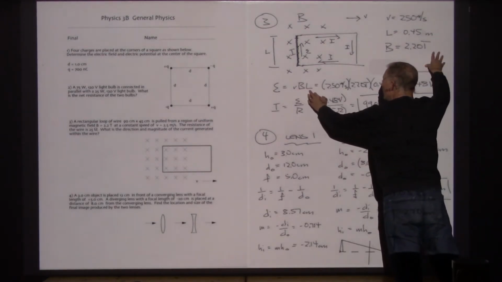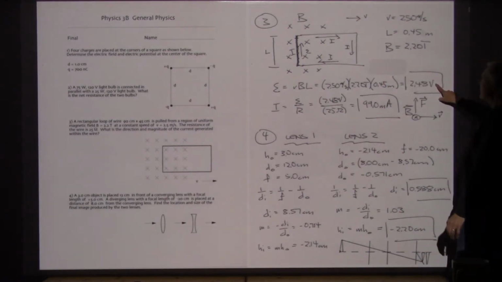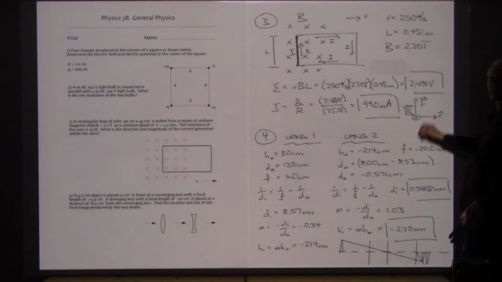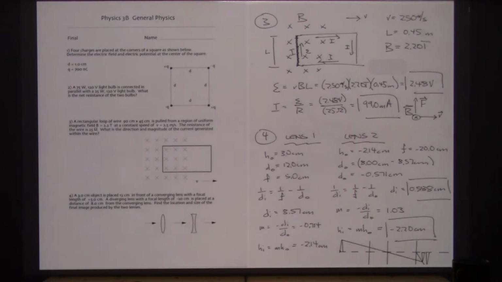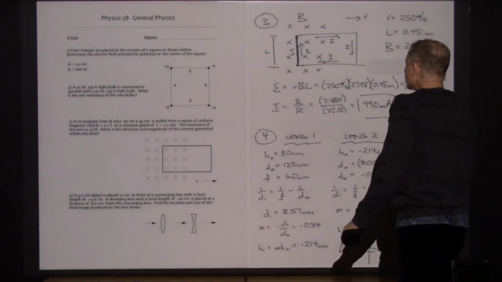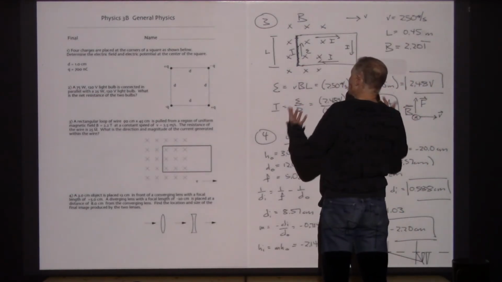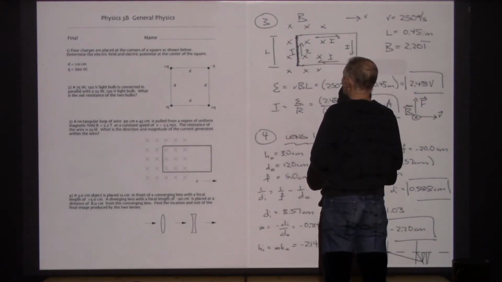V times B times L is giving us an EMF of 2.48 volts. That's how much EMF is being generated due to the magnetic force pushing on the electrons through that piece of copper. Now, the direction of the current, we said, is as if the charges were positive.